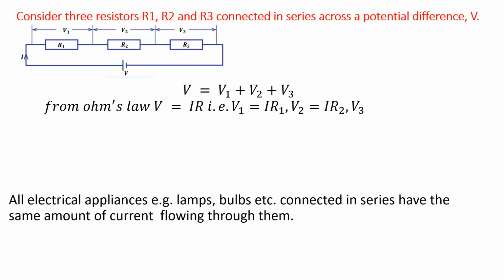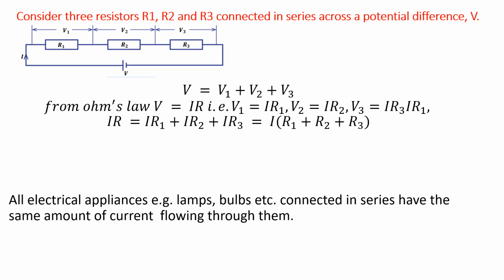The voltage is equal to IR, and then for each case we shall substitute its current and resistance. It's the same current, so resistance varies at each stage. So IR is equal to IR1 plus IR2 plus IR3. Pulling out current, factorizing, we get I out, and we divide both sides by current. We remain with R is equal to R1 plus R2 plus R3.